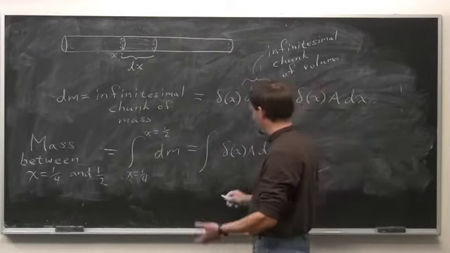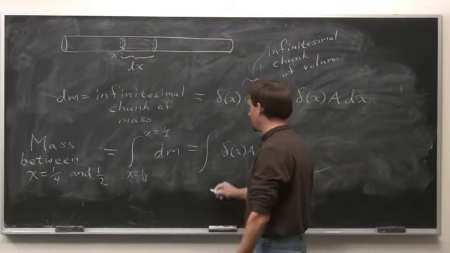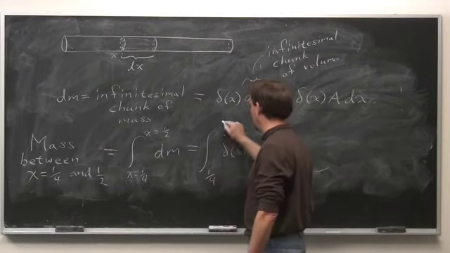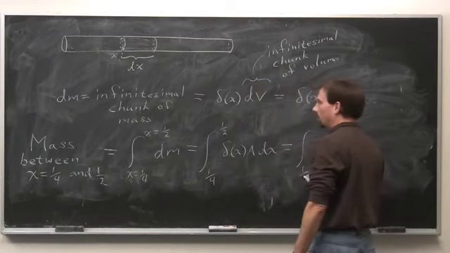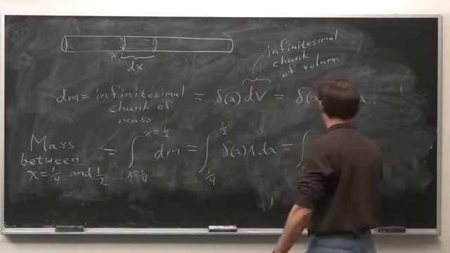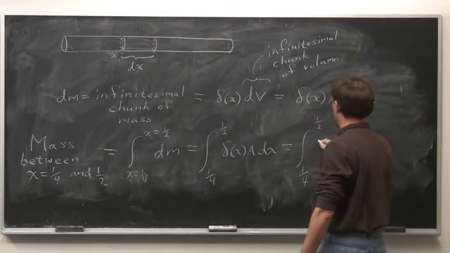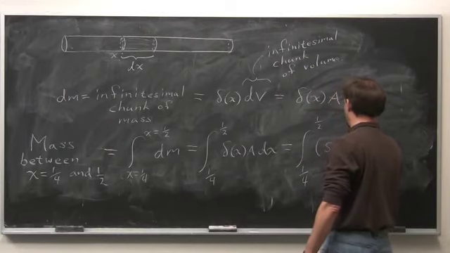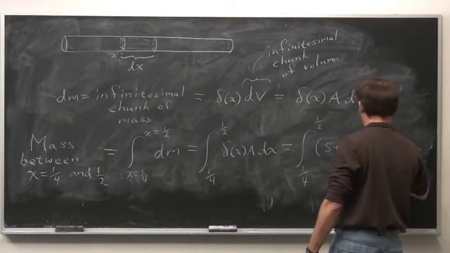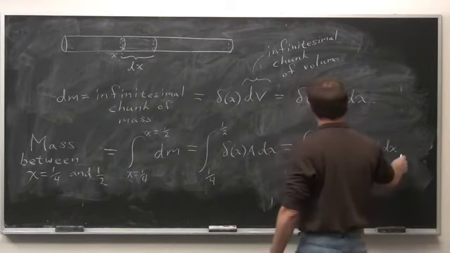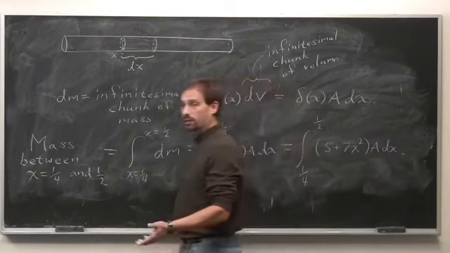And now that you have the right variable in your integral, you can just put 1/4 and 1/2. And you put in what delta is. I picked 5 plus 7x squared. All right, so this is what we need to calculate.